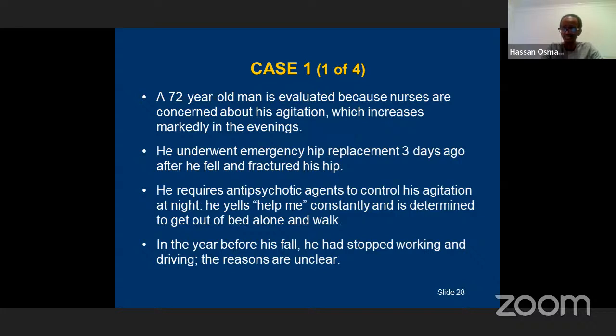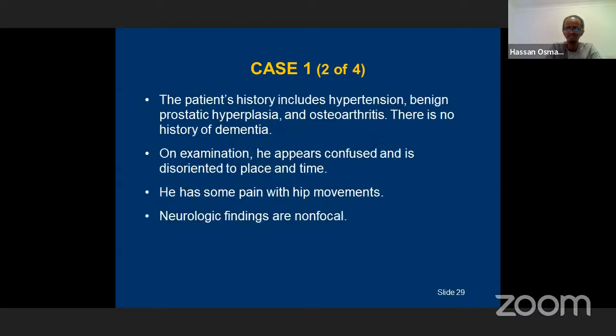At night, he yells, "Help me," constantly, and is determined to get out of bed alone and walk. In the year before his fall, he had stopped working and driving. The reasons are unclear. The patient's history includes hypertension, benign prostatic hyperplasia, osteoarthritis. There is no history of dementia.